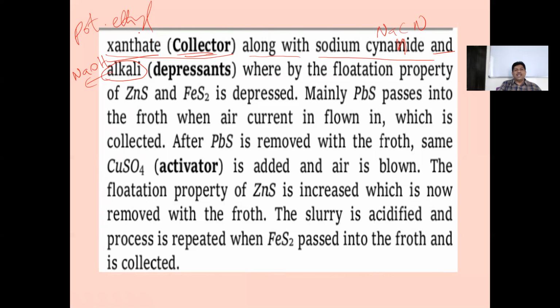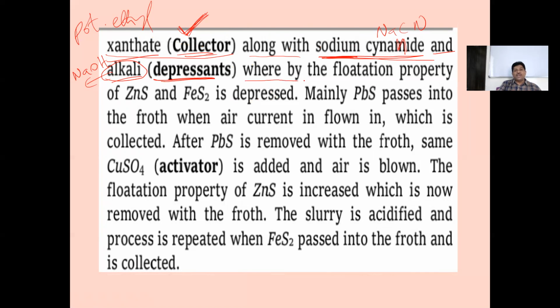Now in this, potassium ethyl xanthate will act as what? Collector. This will collect the ore particles and bring them to the surface. And sodium cyanide and alkali, these two will act as what? Depressants. They will depress the ZnS particles to go to the bottom and settle.